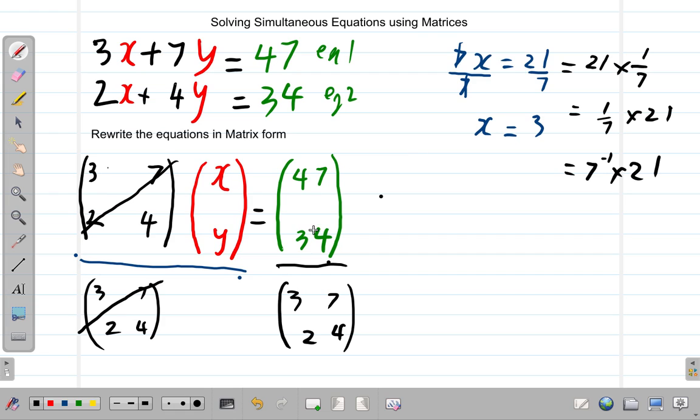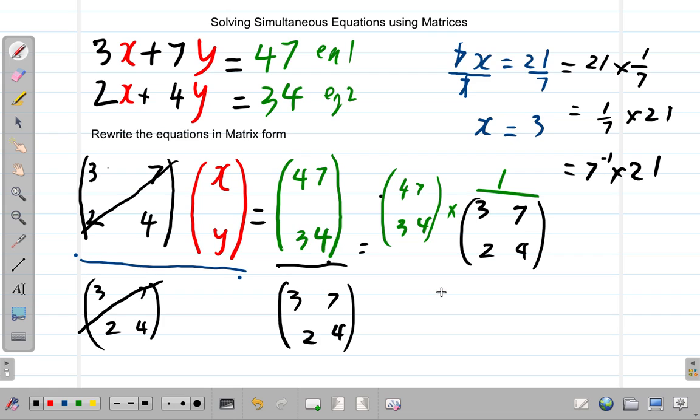Now, let's apply that argument to these two matrices. This is like saying you have 47, 34 multiplied by 1 over the matrix 3, 7, 2, 4.